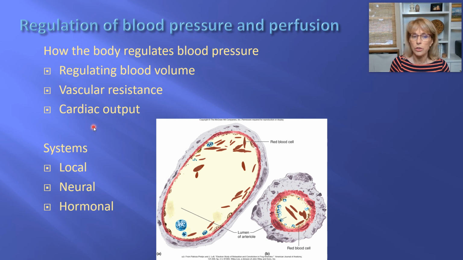Mostly we're thinking in terms of cardiac output, although those mechanisms also do speak to vascular resistance, the diameter of blood vessels. Let's speak now for a moment about the hormonal control of those mechanisms.